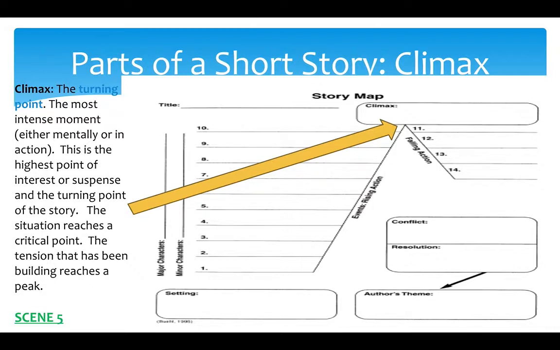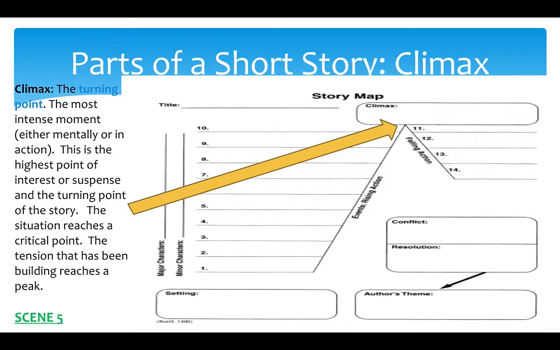And this is really the most intense moment of the story. This is where the tension has been building and building and building. And this is where we recognize as readers that something has to happen to break that tension. There has to be a decision that's made. There has to be a new understanding of a situation by the main character to kind of break that tension.